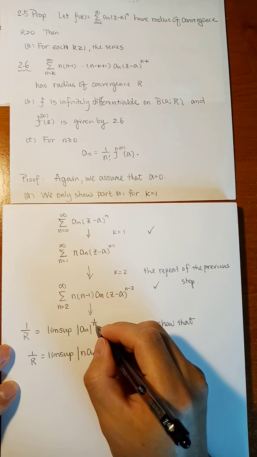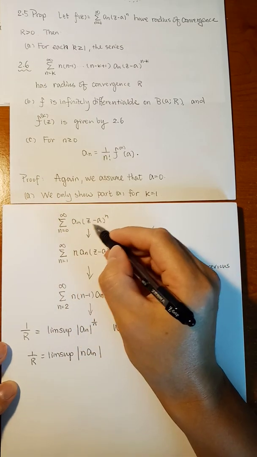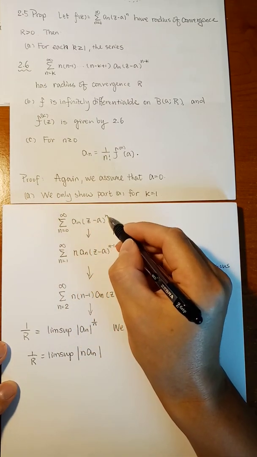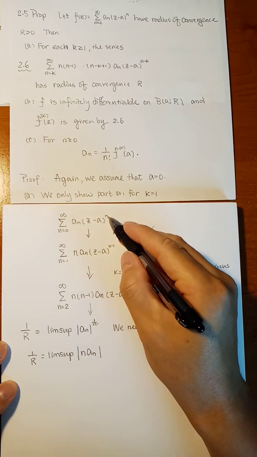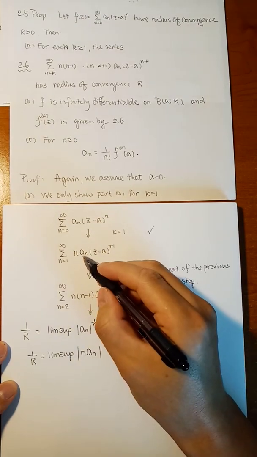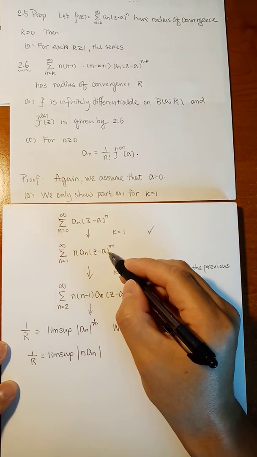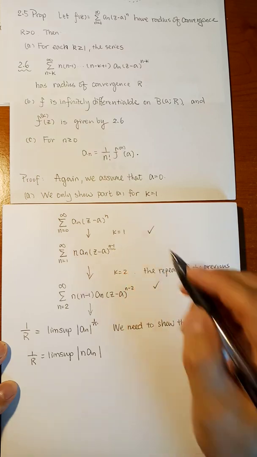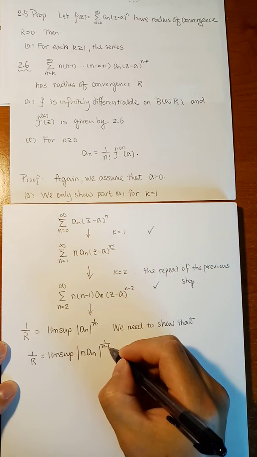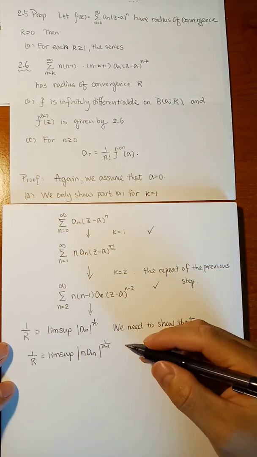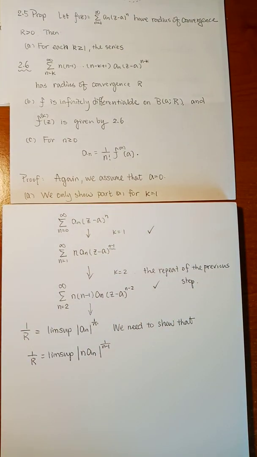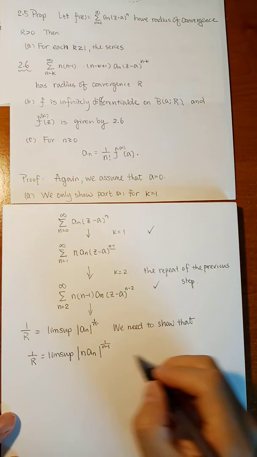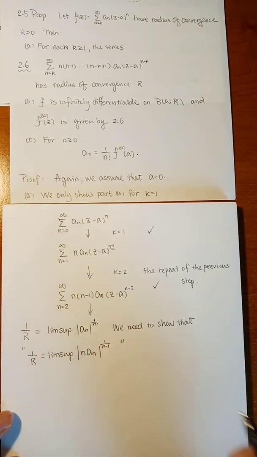Why do we take the power of 1 over n? Because a sub n is the coefficient of (z minus a) to the nth power; this n does not come from here, it comes from this n. But now a sub n is the coefficient of (z minus a) to the power n minus 1, so you are supposed to put 1 over n minus 1. So we need to prove this.